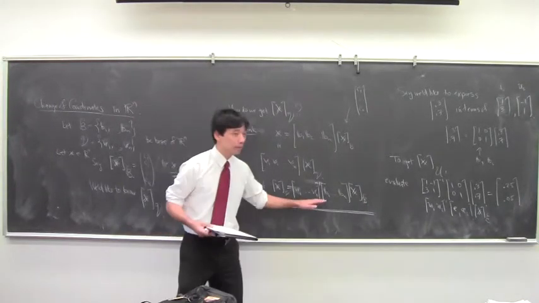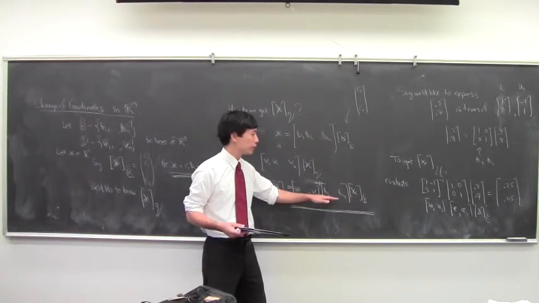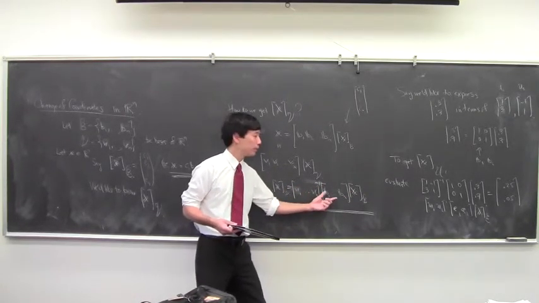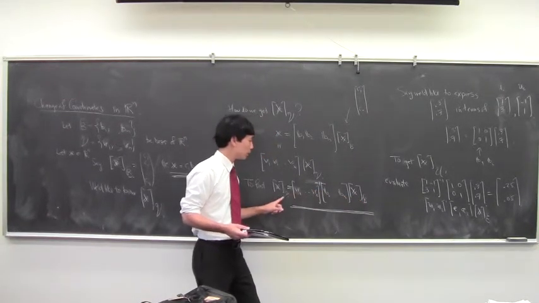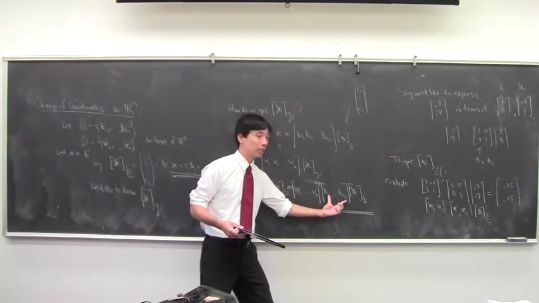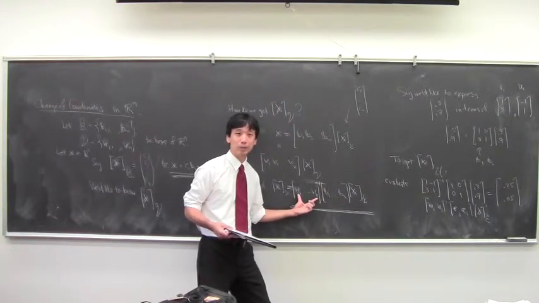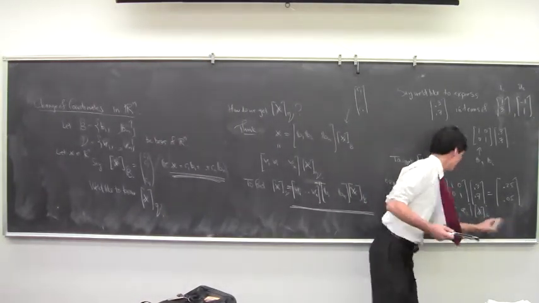Okay. So anyway, the point is this. To get a matrix that takes you from one coordinate system to another, here's what you need to do. The matrix that takes you from the coordinate expression with respect to b to the coordinate vector with respect to v is exactly this matrix here. You take the matrix of basis vectors from b, and you multiply it by the inverse of the matrix of basis vectors from v.